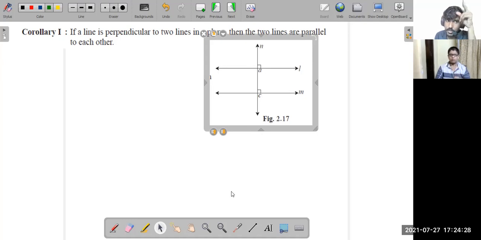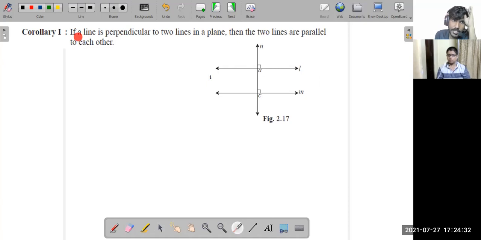So there are two corollaries, 1 and 2. Let's see the first one. It says that if a line is perpendicular to two other lines in a plane, then the two lines are parallel to each other.